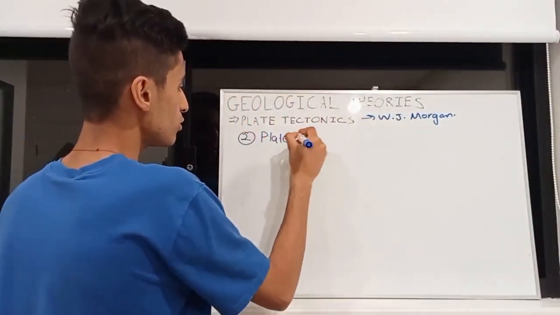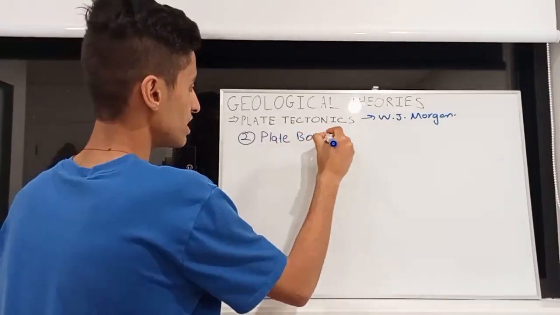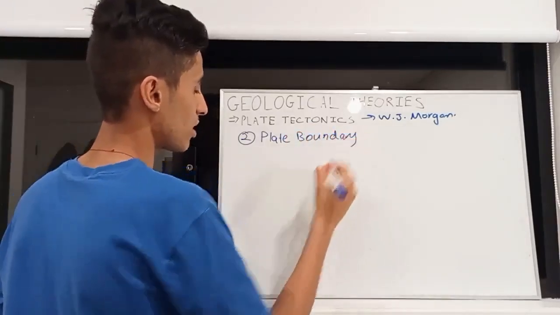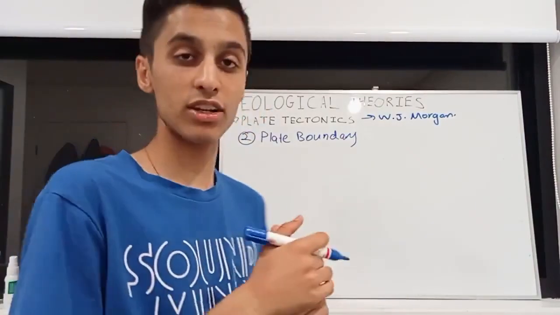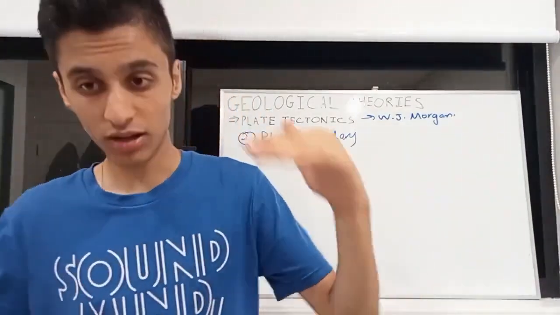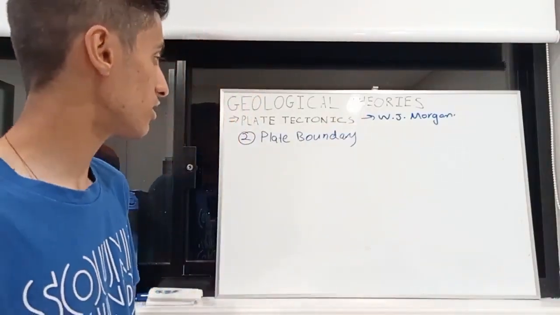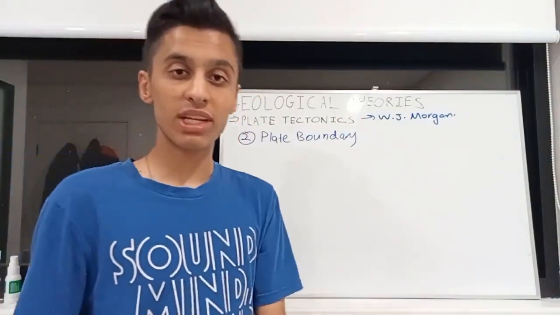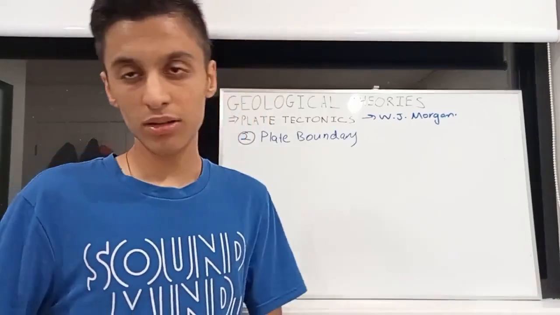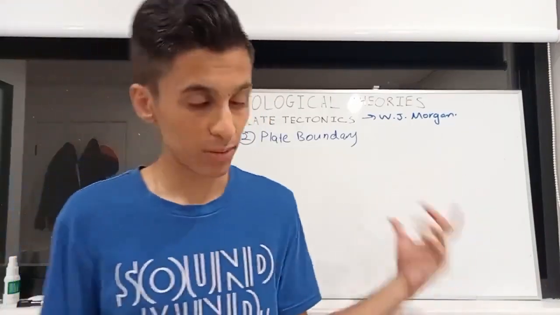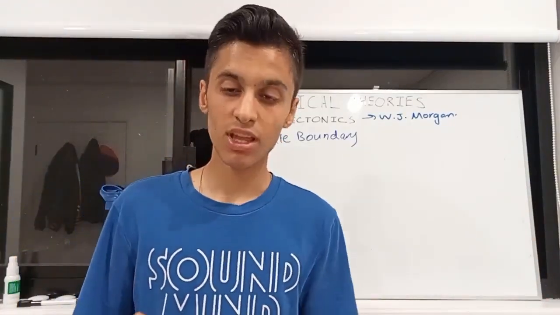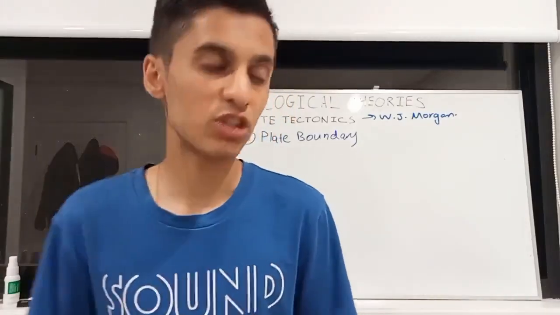When we did seafloor spreading, we were talking about how there's two types of plate boundaries: converging and diverging. Diverging is moving apart, converging is crashing into each other. So the term plate boundaries describes the type of connections and the relative movement of each plate.